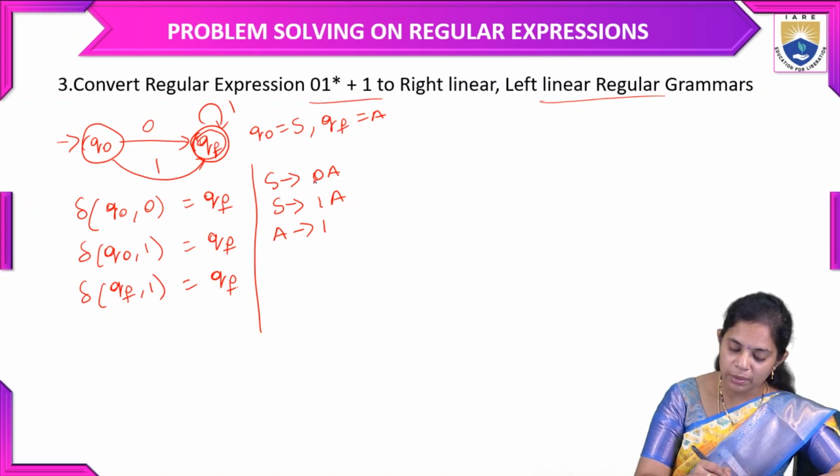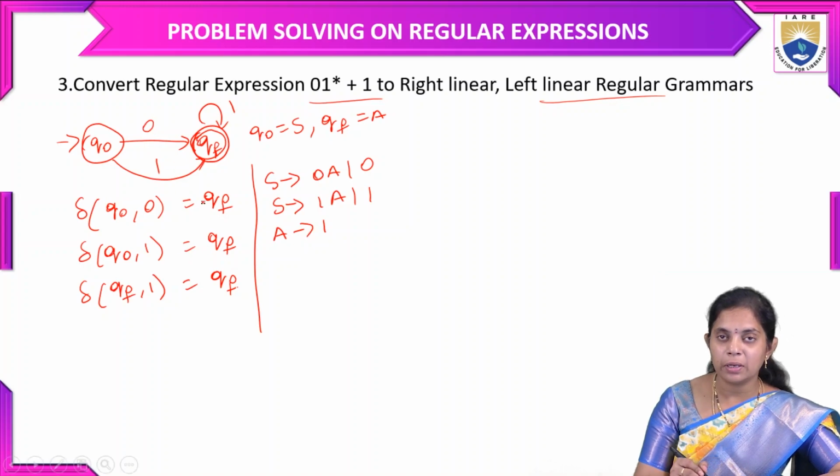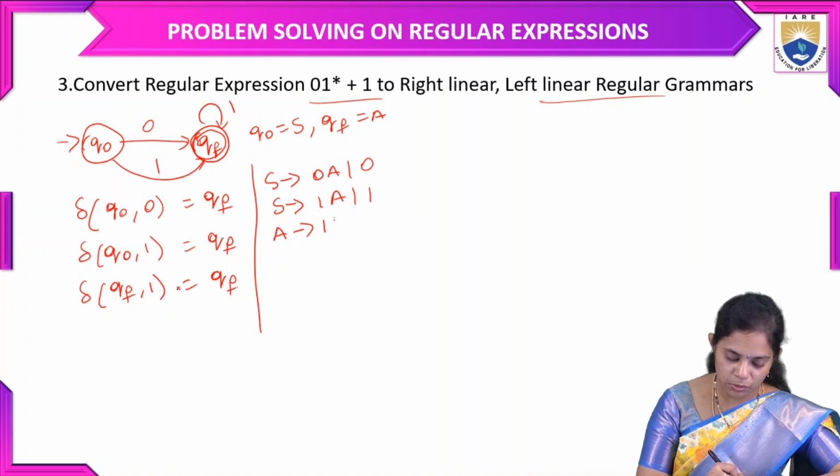So if you observe here this 0 and 1, why? Because all inputs are reaching the final state, so we need to write the terminal values also. And 1A, so with the 1 input it is reaching the final state.